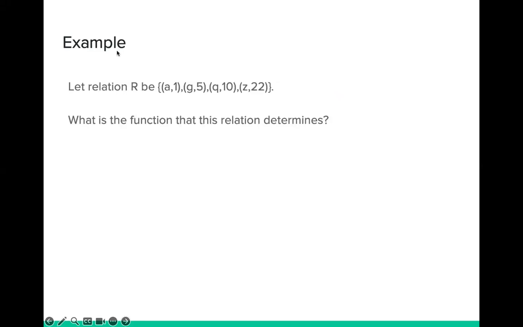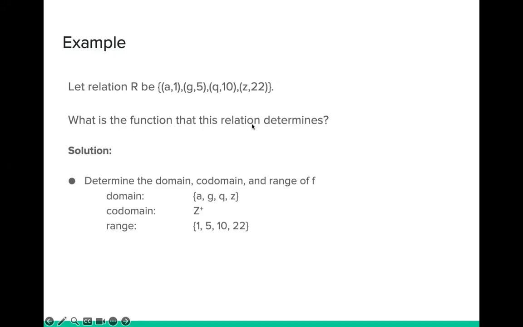All right, so another example. Let relation R be A1, G5, Q10, and then Z22. So what will be the function that this relation determines? Essentially, we can visualize it as a Venn diagram, wherein set A is composed of A, G, Q, and then Z, and the elements in A will be mapped to another set B, which would contain A, 1, 5, 10, and then 22.